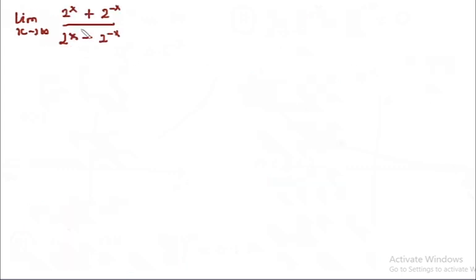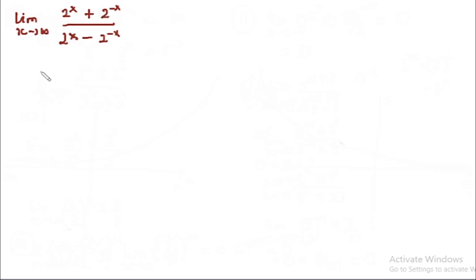For another example, we have the limit as x approaches infinity of (2^x + 2^(-x)) divided by (2^x - 2^(-x)). I can immediately plug in my infinite value to see what happens.